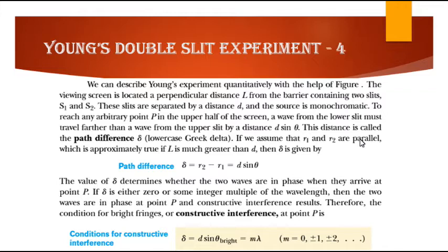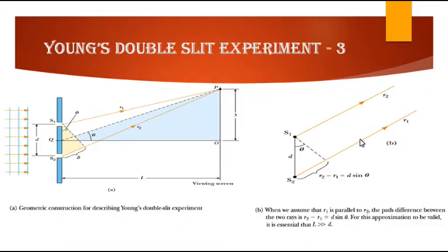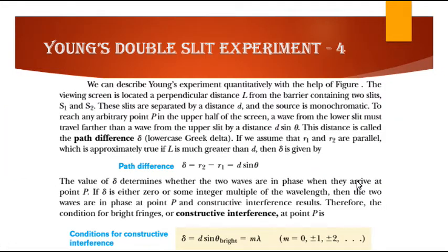To reach any arbitrary point P in the upper half of the screen, a wave from the lower slit must travel further than a wave from the upper slit by a distance d sin theta. You can see it here. The distance R2 minus R1 is d sin theta. In the triangle S1, S2 and this triangle, you can find this distance, R2 minus R1, equal to d sin theta, by a normal trigonometric formula.